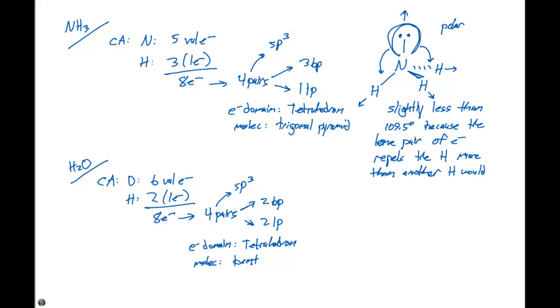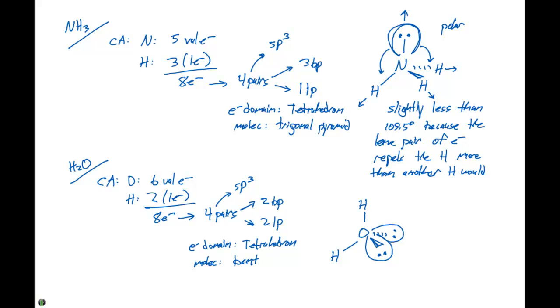And when we look at this water molecule, it's going to have the same parent structure that the ammonia and the CH4 did. But when we draw this particular molecule, we have 2 hydrogens and 2 lone pairs.